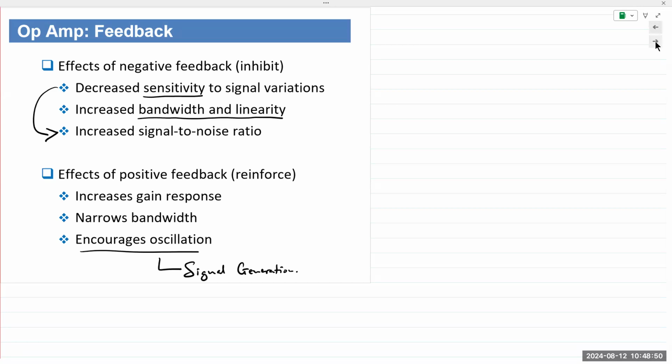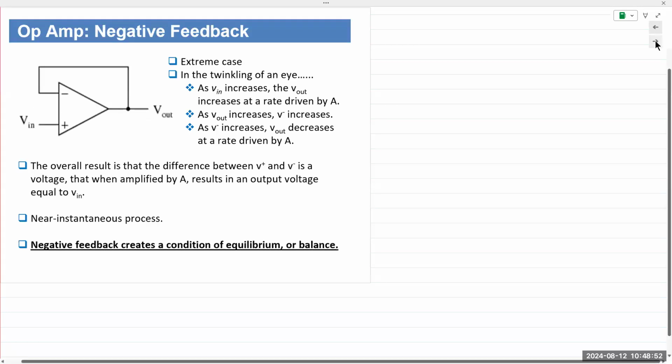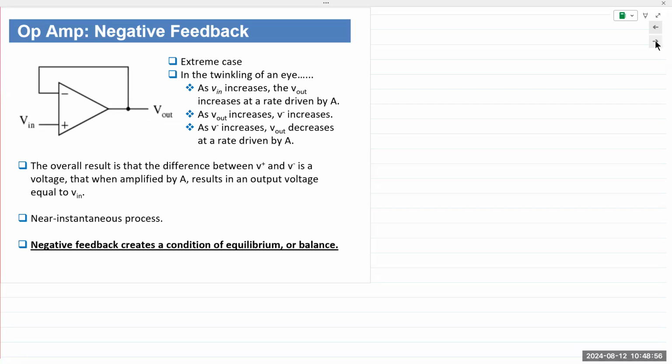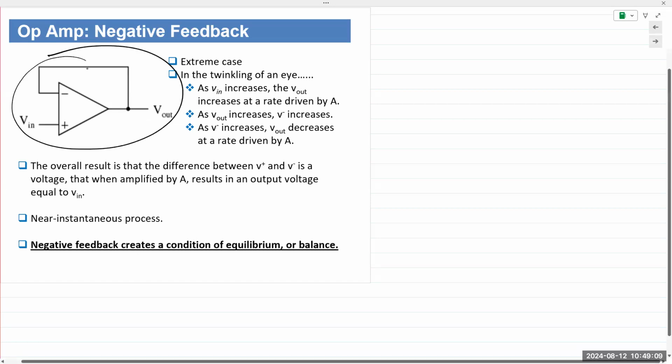Most of the circuits that we look at will have negative feedback. So let's take a look at a circuit where we directly take the output and connect it back to the inverting terminal, which gives us a circuit. It's a very simple, but very important circuit.